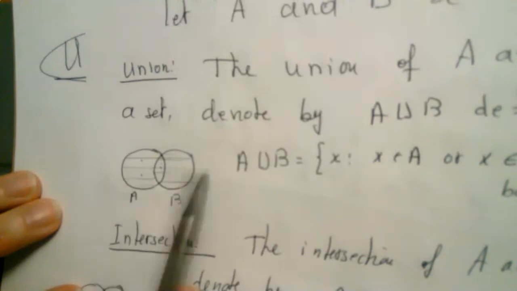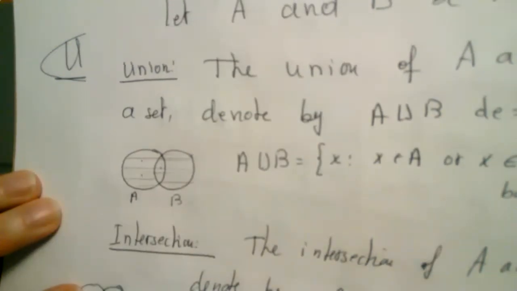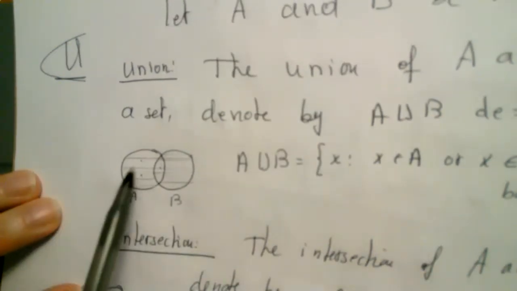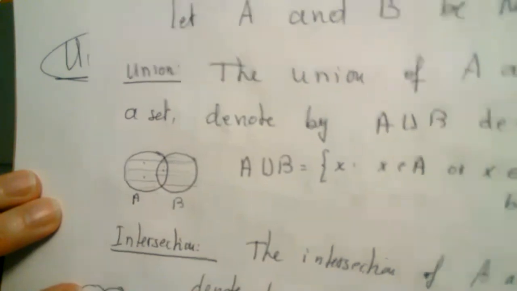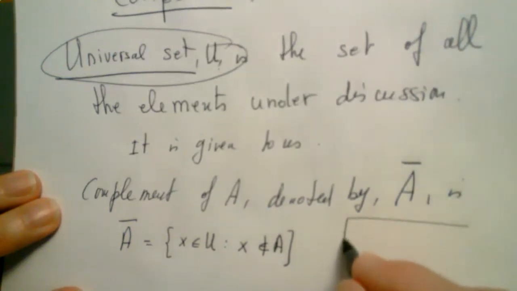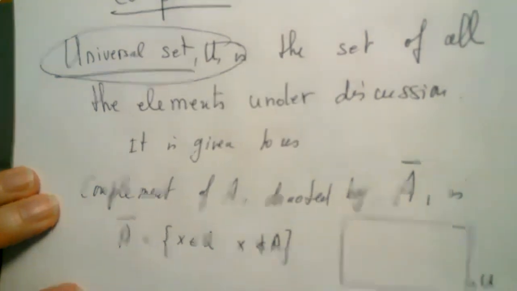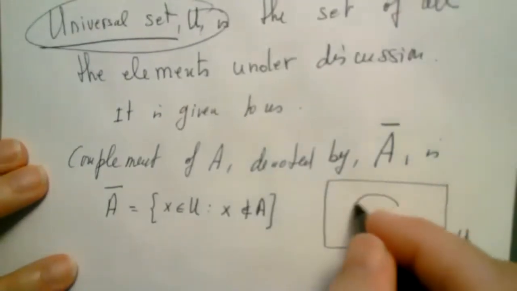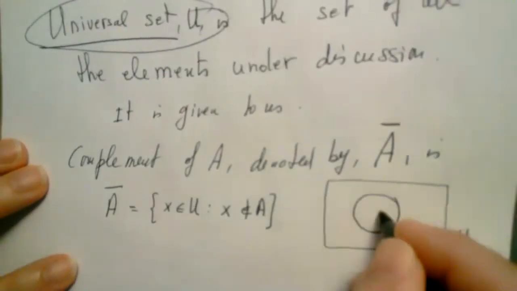Let me say a word. When I talked about union, I didn't say universe because I don't need a universe: everything in here or in here. The same for intersection and difference. In this case, when I want to give you a visual of the complement, I first have to draw a universe. I'm going to call this U. And A is a subset of this universe.